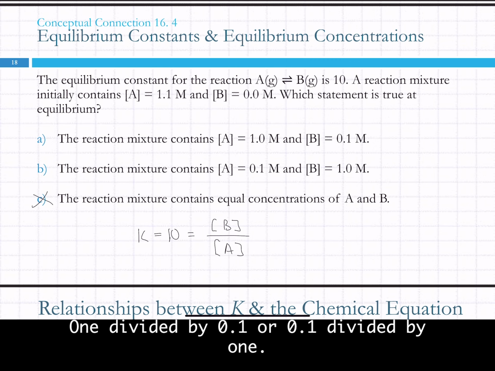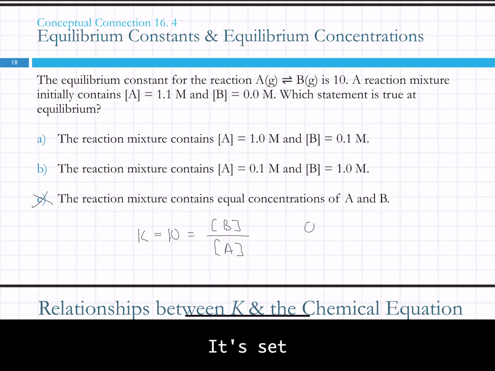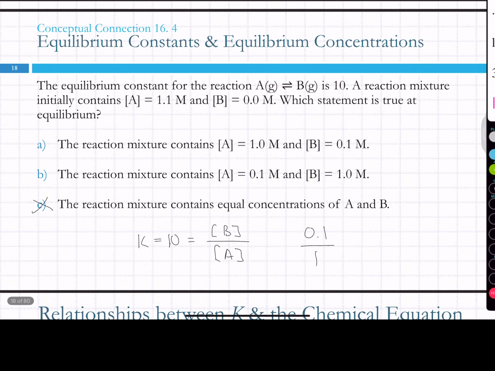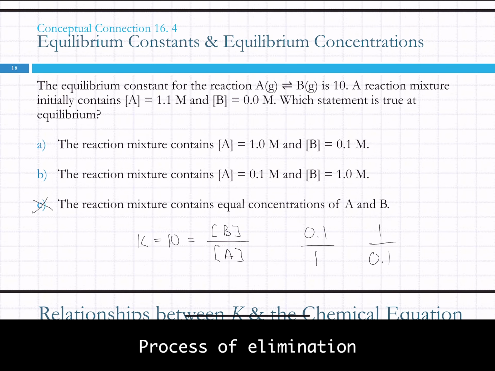One divided by 0.1 or 0.1 divided by 1? Does that equal 10? Nope. Process of elimination, or calculator. So it's B.